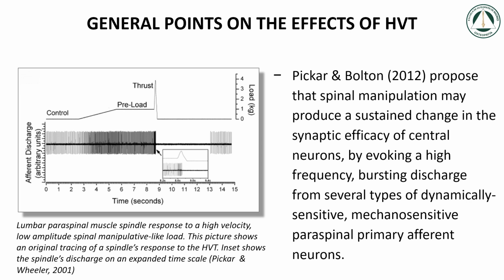Pickar and Bolton, 2012, proposed that spinal manipulation may produce a sustained change in the synaptic efficacy of central neurons by evoking a high-frequency, bursting discharge from several types of dynamically sensitive, mechanosensitive paraspinal primary afferent neurons.